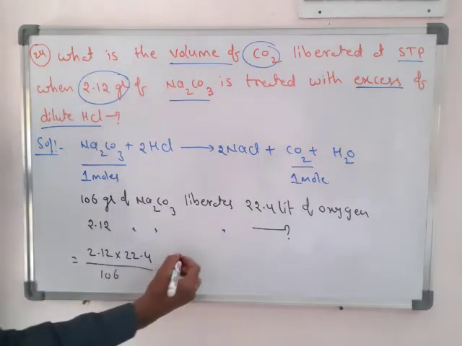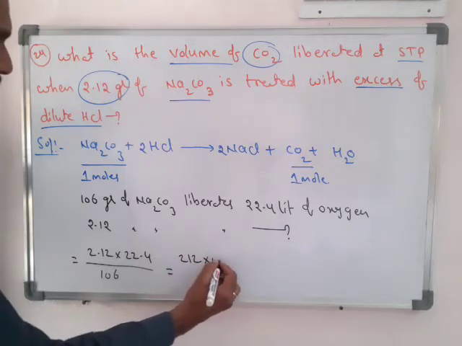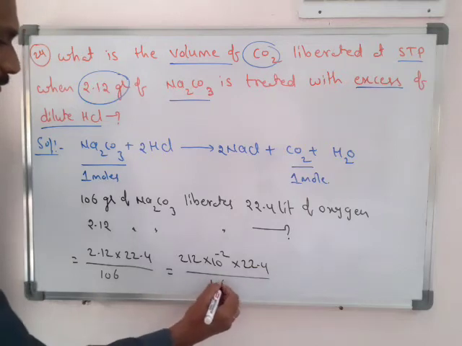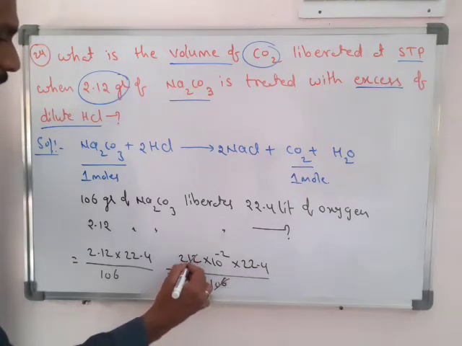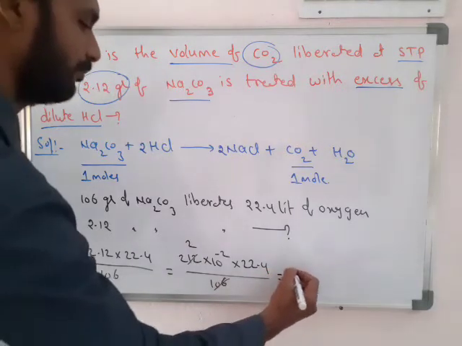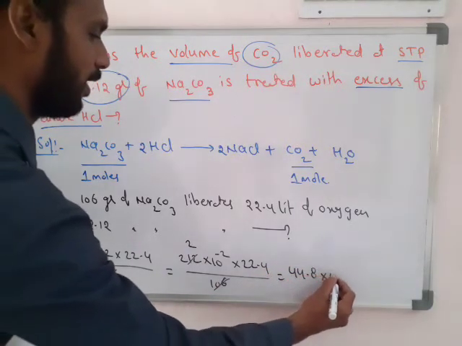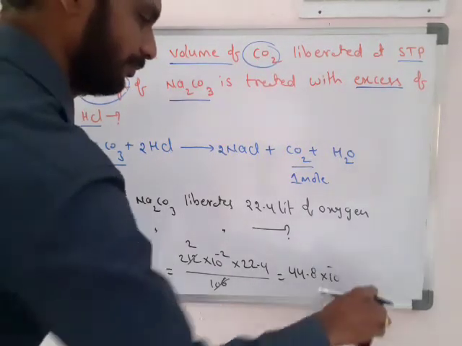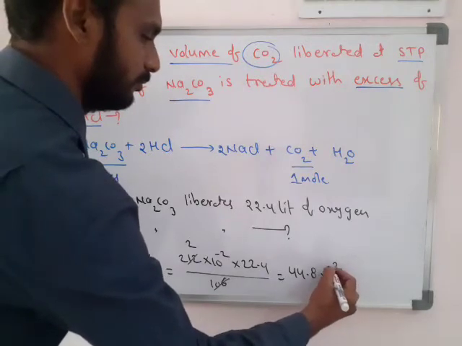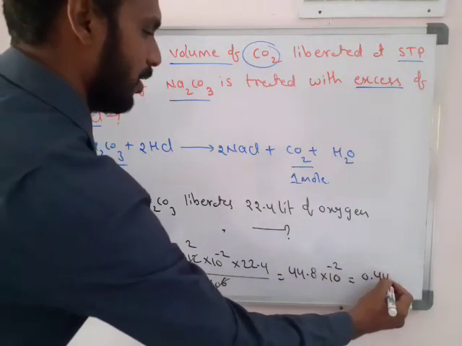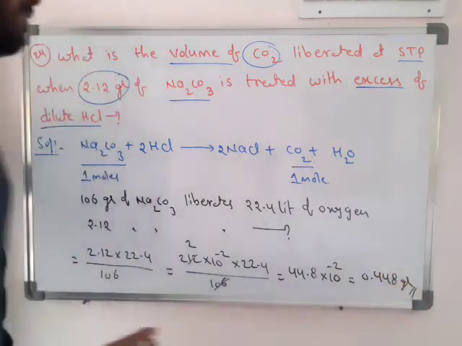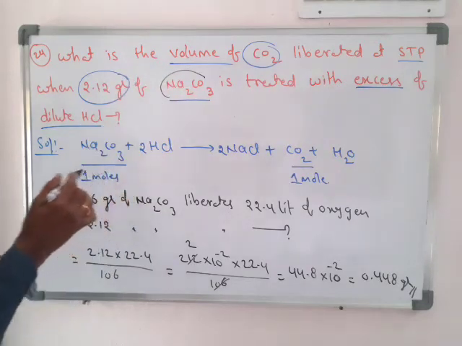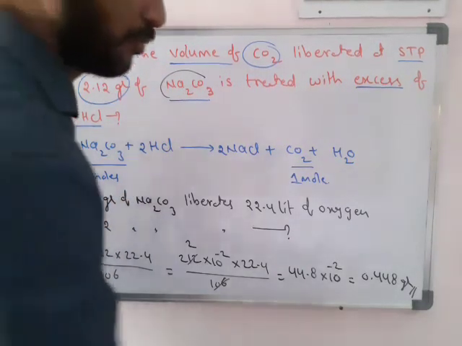On this calculation, make it 212 over 106, so that becomes 44.8 into 10 to the power minus 2, means 0.448 liters.